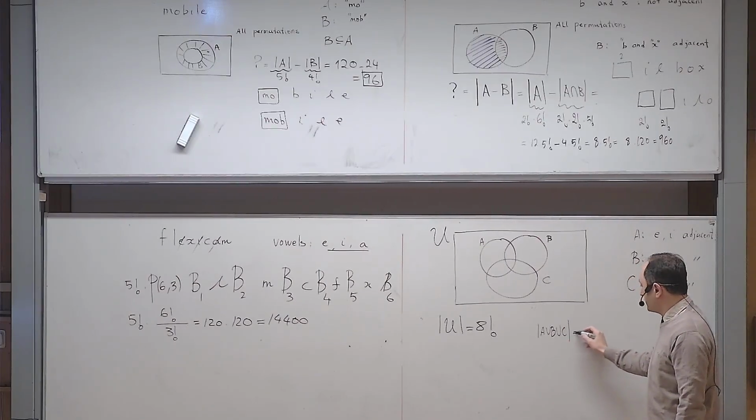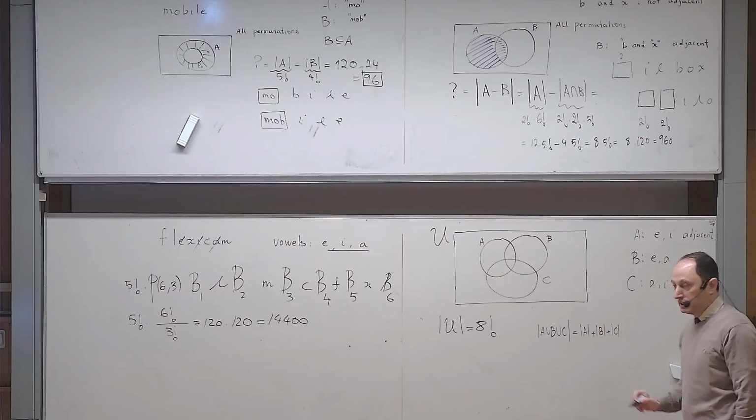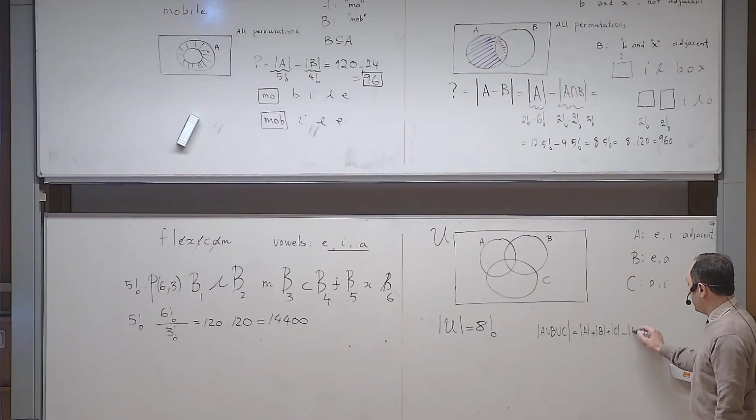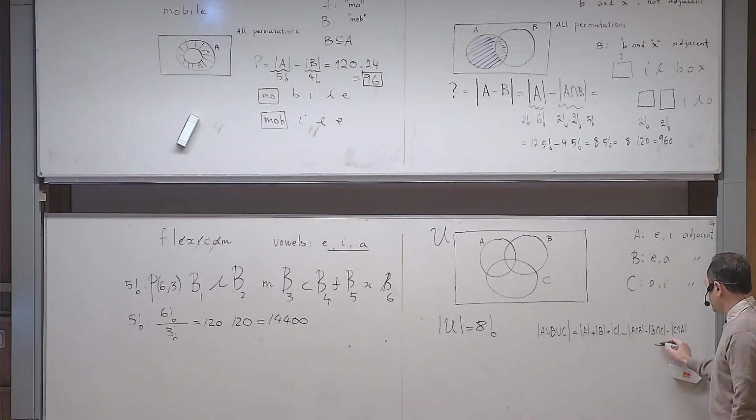It was the cardinality of the first one plus the cardinality of the second one plus the cardinality of the third one, minus the cardinality of A intersection B, minus the cardinality of B intersection C, minus the cardinality of intersection C and A, plus the cardinality of A intersection B intersection C. So that was the formula.